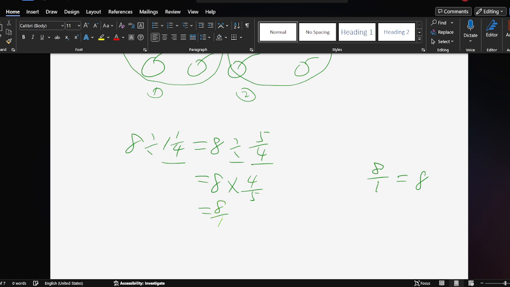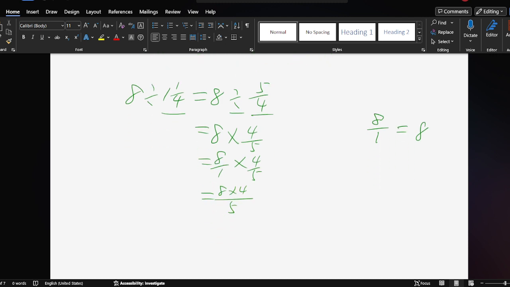So 8 over 1 times 4 over 5. The rule is numerator times numerator, denominator times denominator. So 4 times 8 is 32.